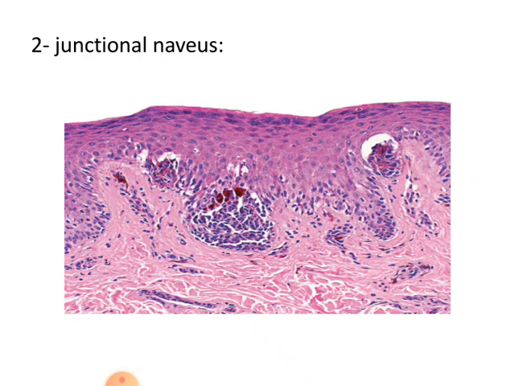Simple nevus may contain hair, while junctional nevus doesn't. Simple nevus doesn't turn malignant, while junctional nevus does. So we have four differences between the simple nevus and the junctional nevus.